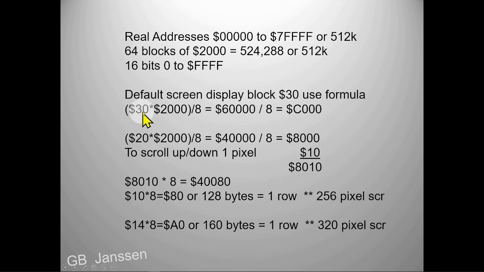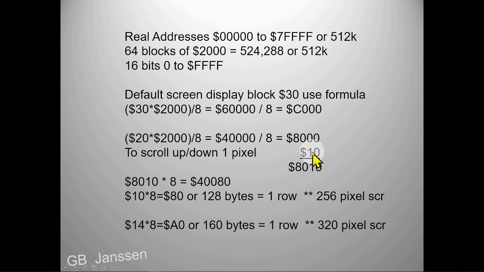In this example that I've been talking about, we've been using block 20, so I had 20 times 2,000 hex, which is 40,000 hex, divided by 8 is 8,000. And that's what I stored in the MMU to tell it where to start to display. Now, if I want to scroll up or down 1 line, it's a hex 10.